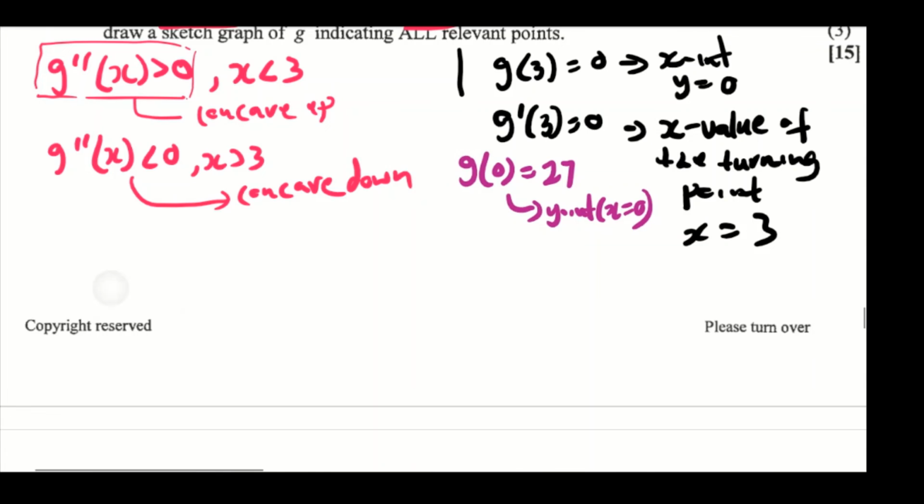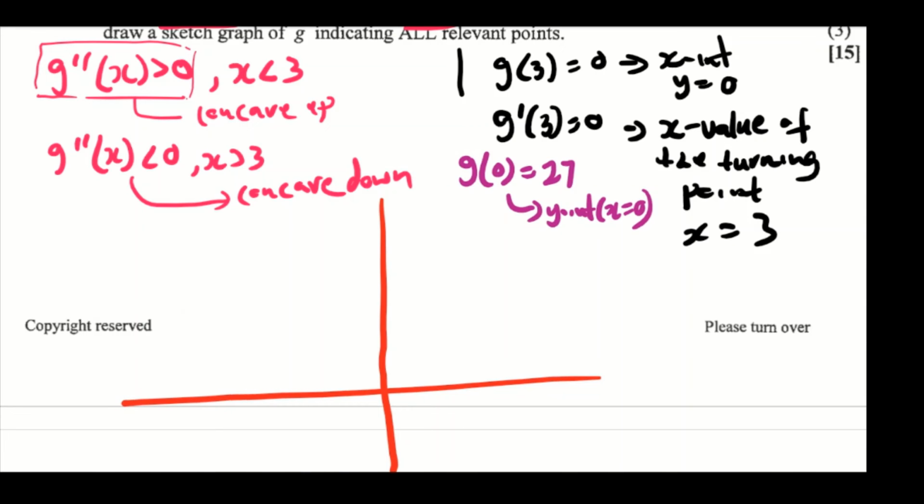Then it's easy for us to draw the function. I'm just going to draw it here in this small space so that you can see everything that we interpreted. So it's going to look something like this. The first thing we're going to do, let's indicate the y-intercept. The y-intercept is equal to 27, so we have 0 and 27.